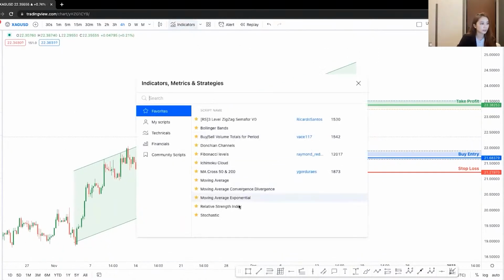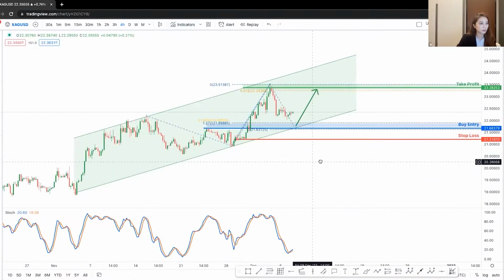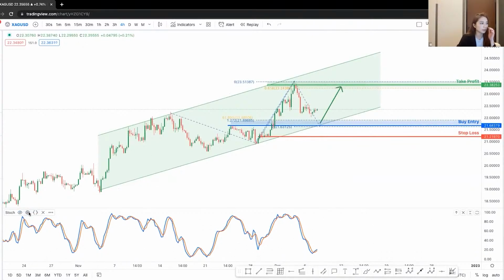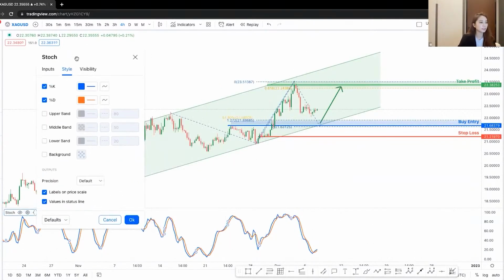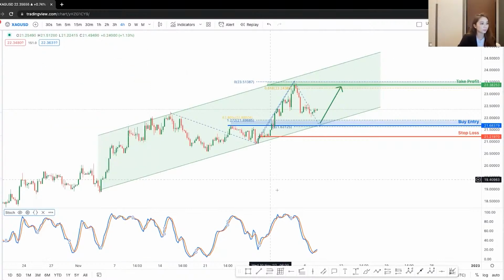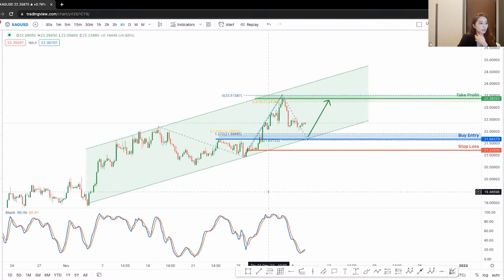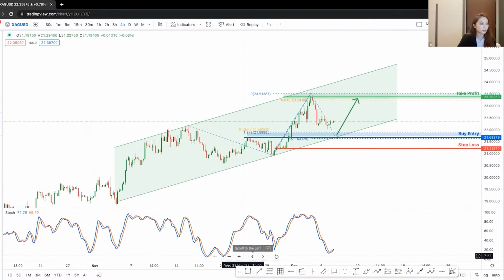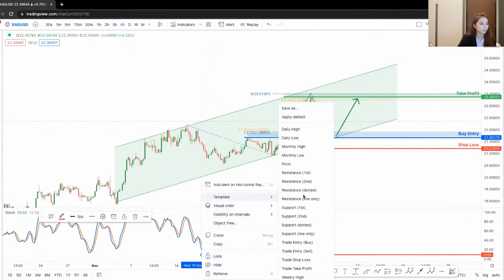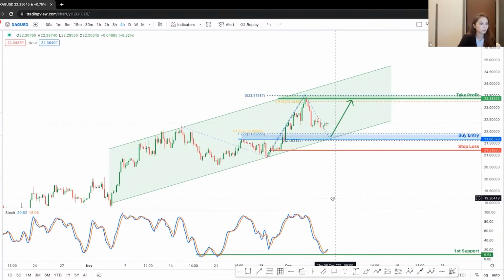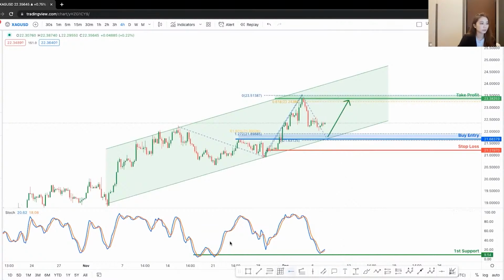Take a look at stochastics. You can see that in this case, let me show the setting. The blue is percentage K and D is percentage D. And then we are looking at possible support levels, resistance level.